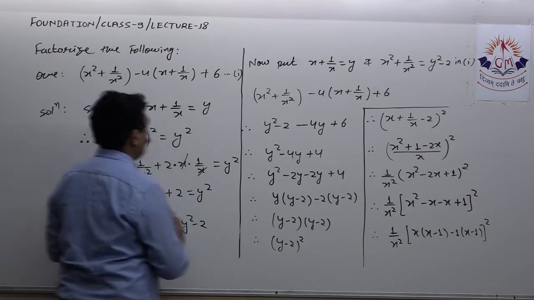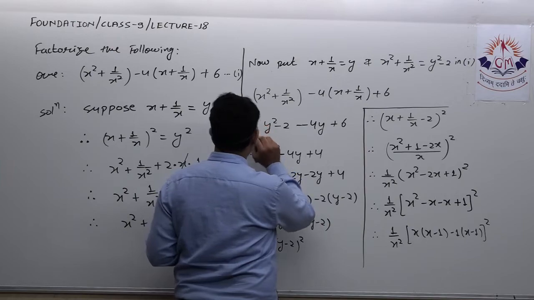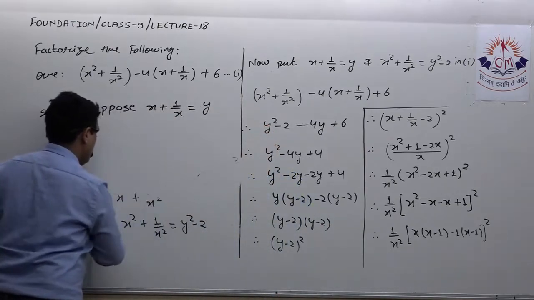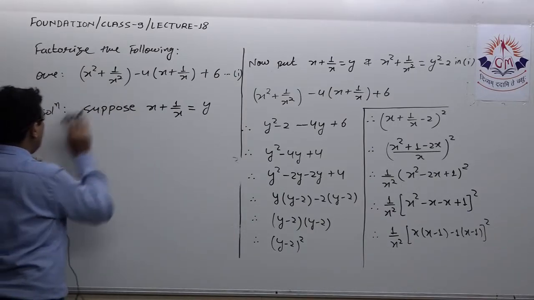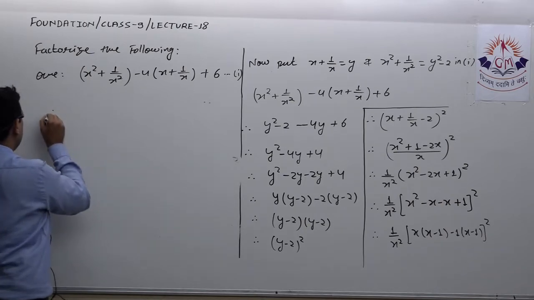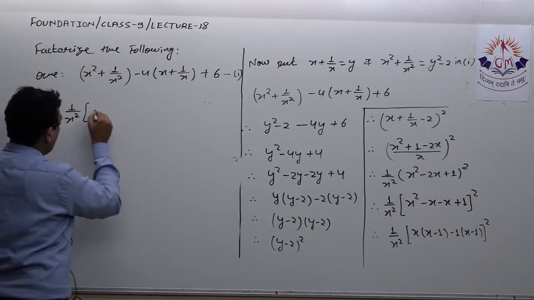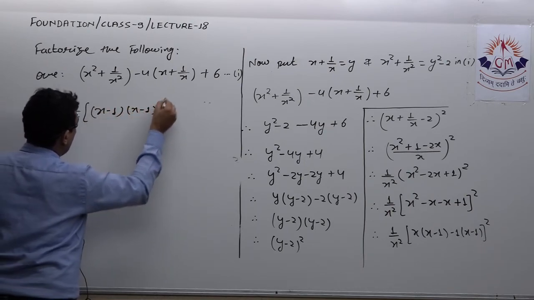Okay, so further I am solving over here. So this will become 1 upon x square over here. This will become x minus 1 whole square.